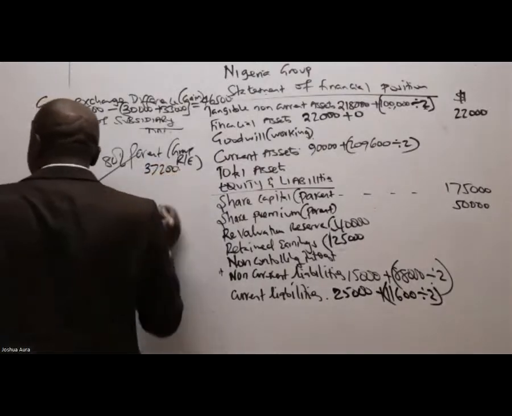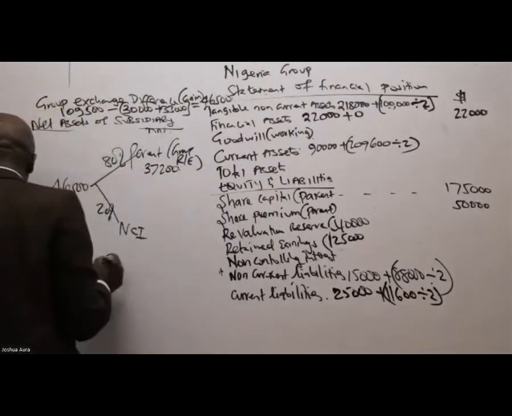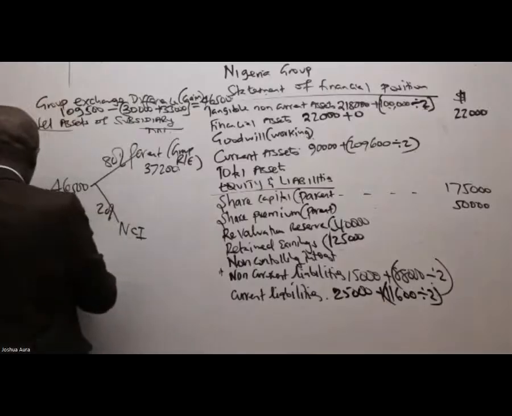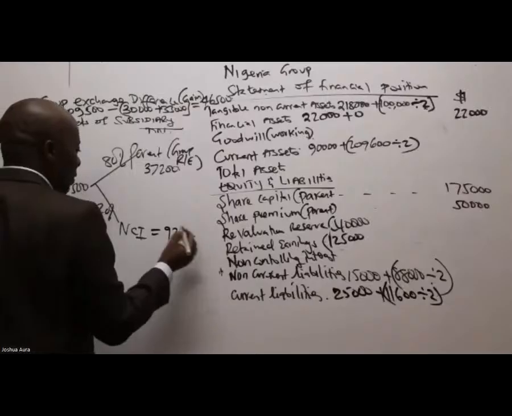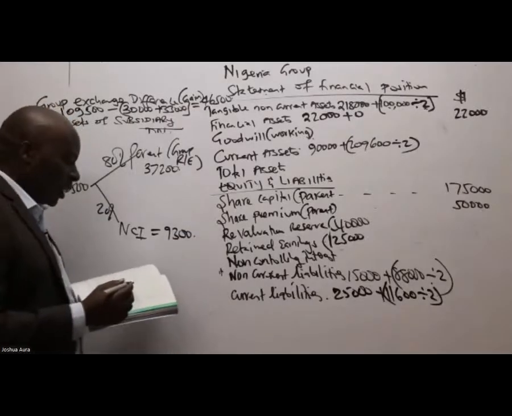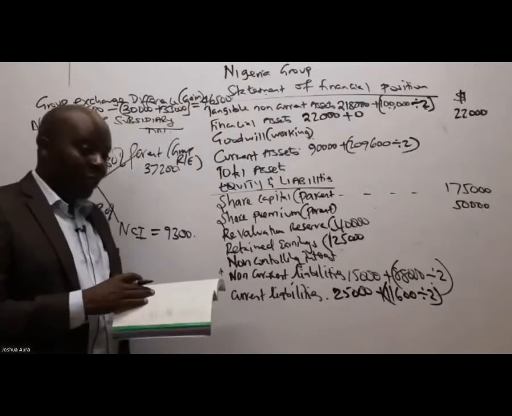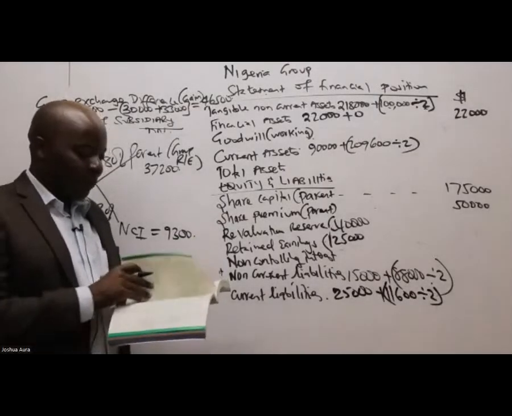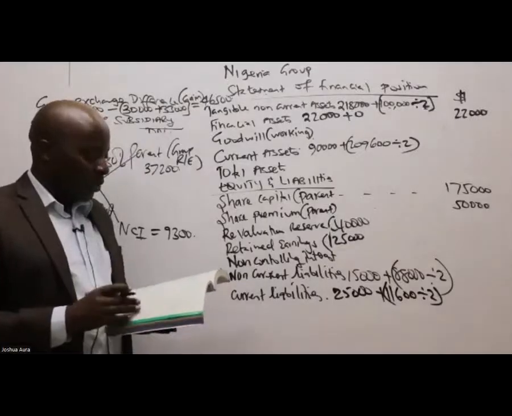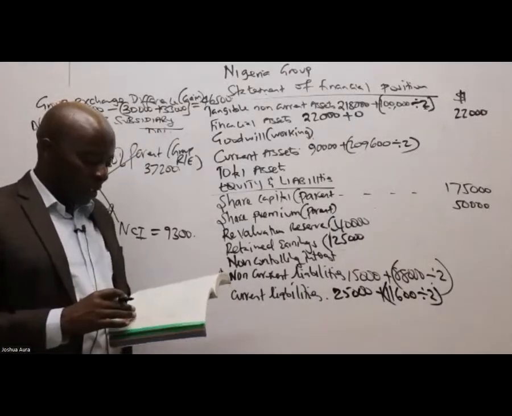And then we have, ladies and gentlemen, NCI. NCI is 20% of this. So NCI, I'm being told, is 9,300.